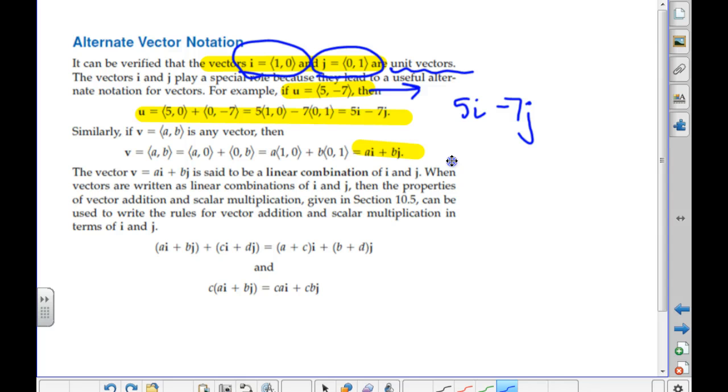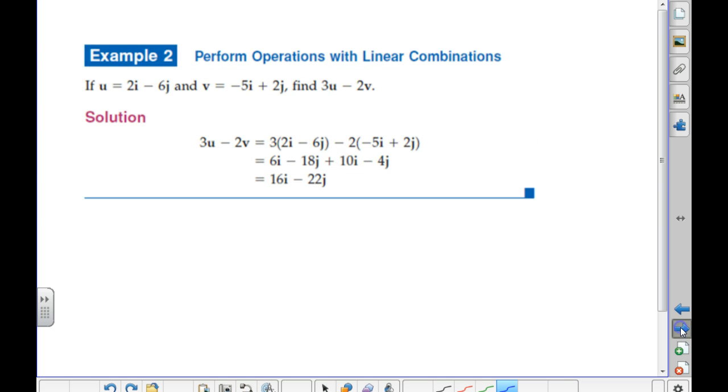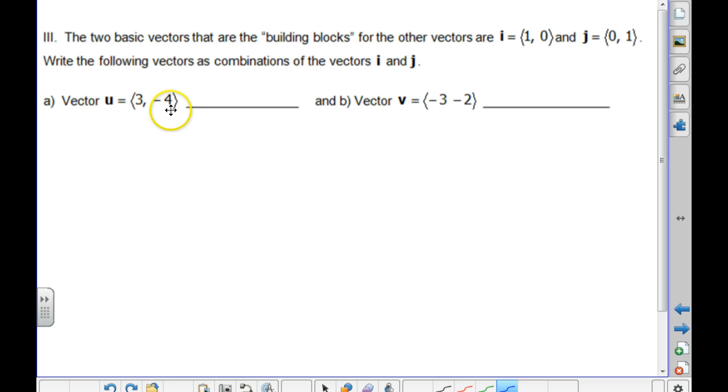I can't tell you when this is used. I should figure that out by tomorrow and try to answer that question for you, when they use which form. So, we're going to write this vector how?